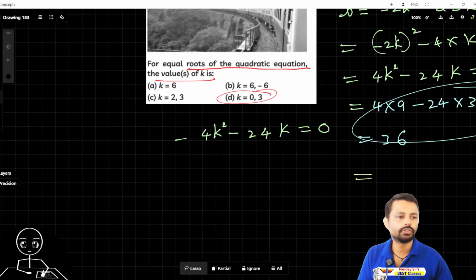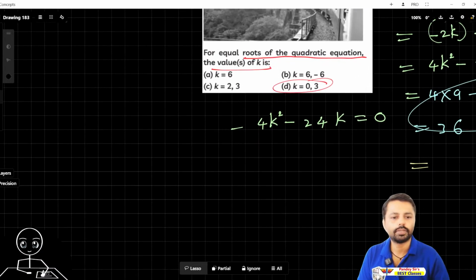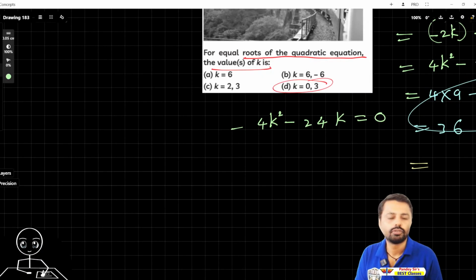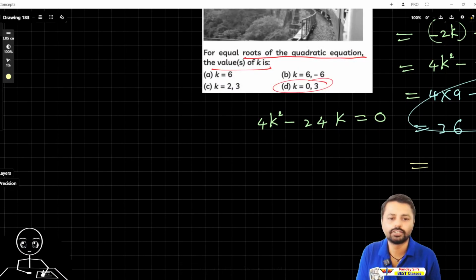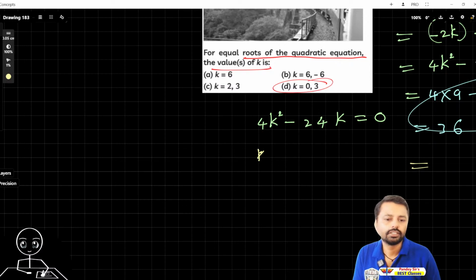Our question is this one, not minus but plus. Anyway, what we will do is take k common: k in bracket 4k minus 24 equal to 0.